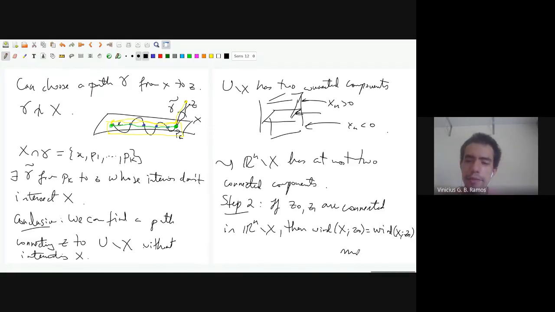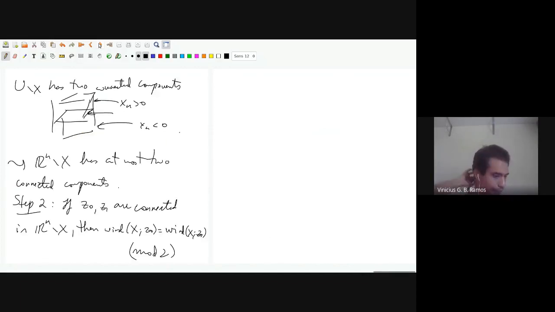And this is mod 2, because I'm not assuming that X is oriented. So if I have two points that are in the same connected component, then their winding numbers are the same. And well, how do you do that?